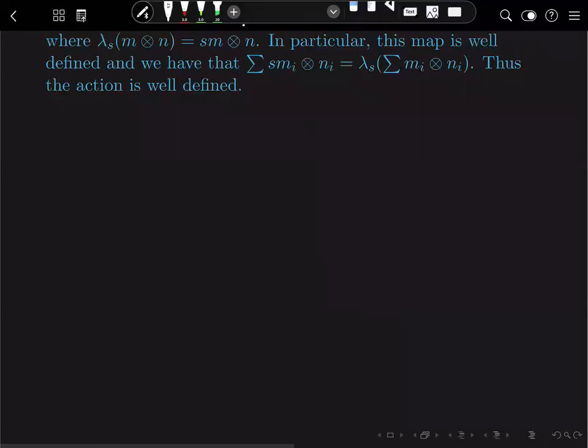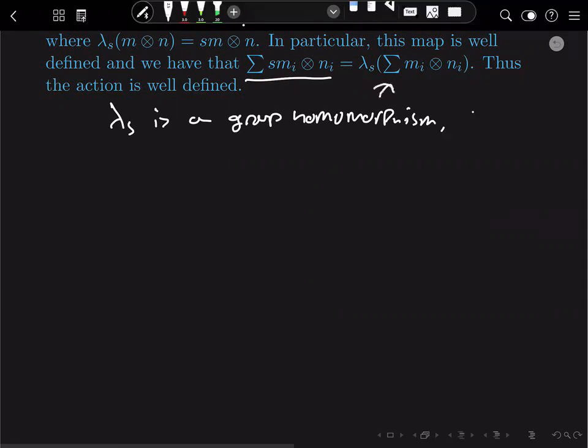And we know that the sum of these elements is just lambda s of the sum, because lambda s is a group homomorphism. So we can pull this through inside of the sum and act on each component individually. So that's really it.